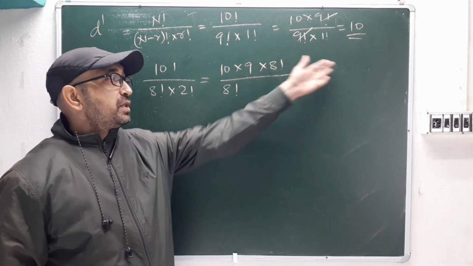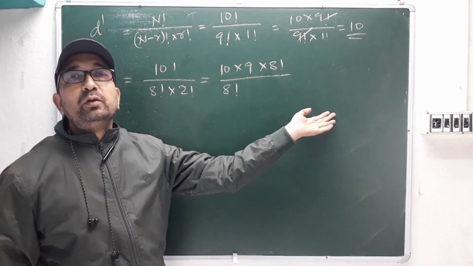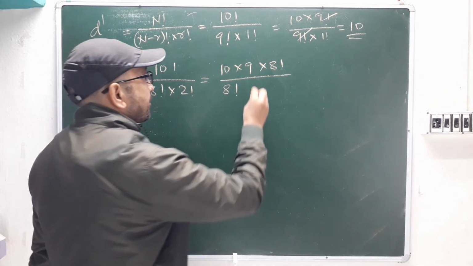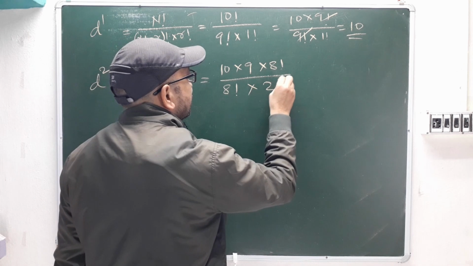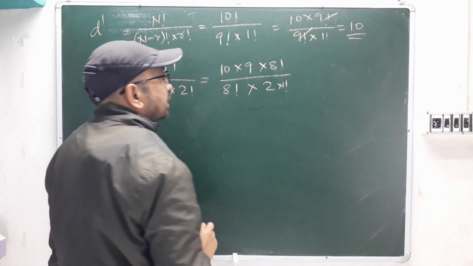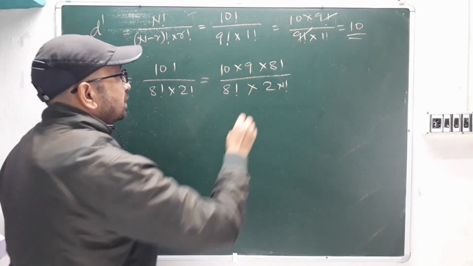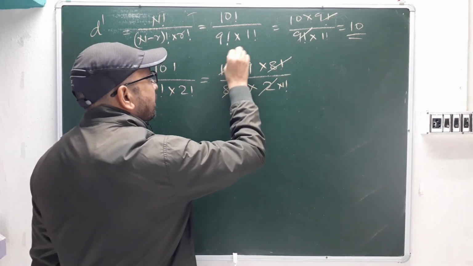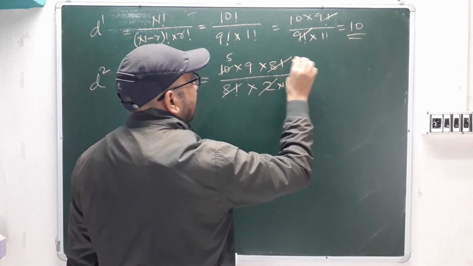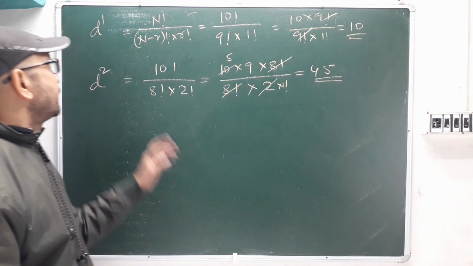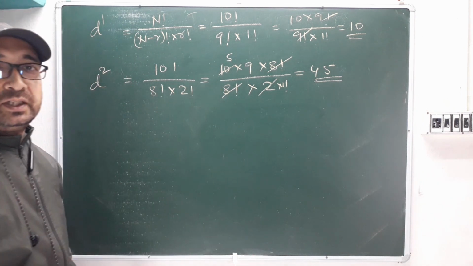Otherwise you will open till 1, and then it will be more complicated, right? So work in a smart way, correct? Now 2 factorial is 2 into 1. So now see what is happening. 8 factorial will cancel out. 2 into 5 is 10, so it will be 5 and 9, 5 nines are 45. So 45 microstates, okay? For D2 it will be 45 microstates.